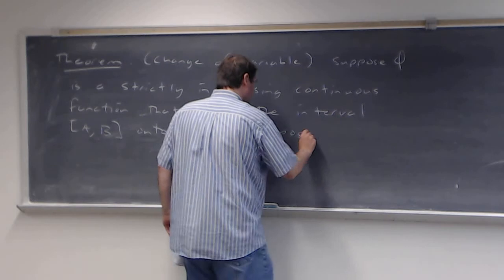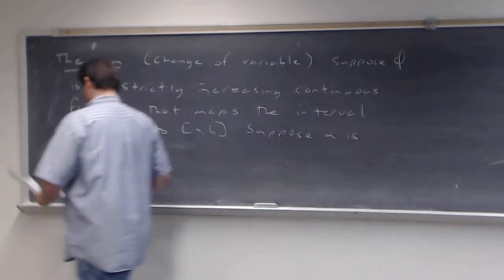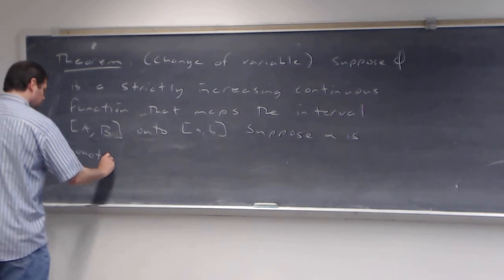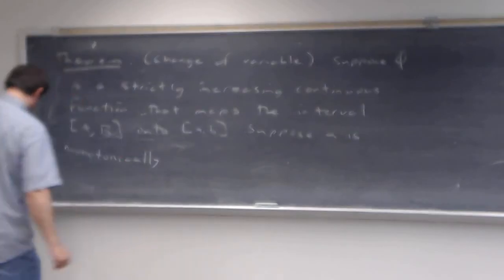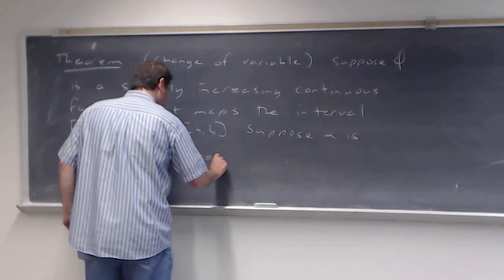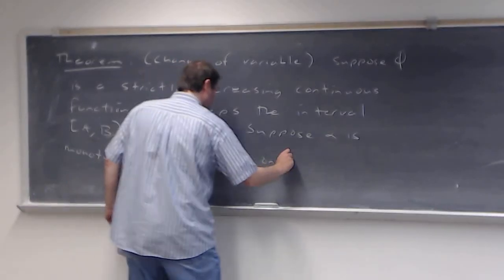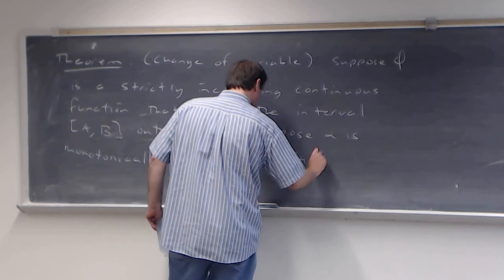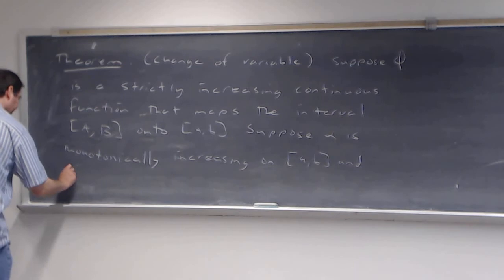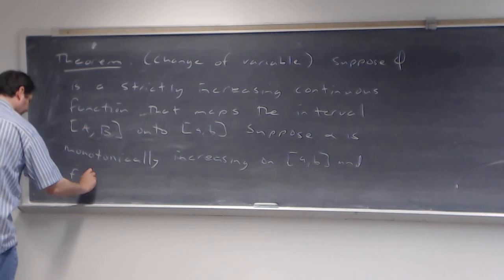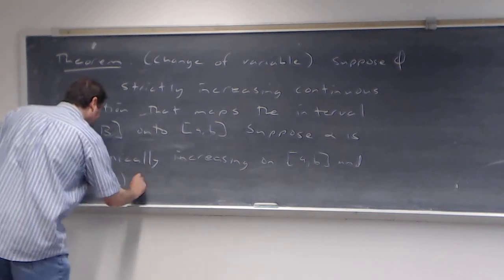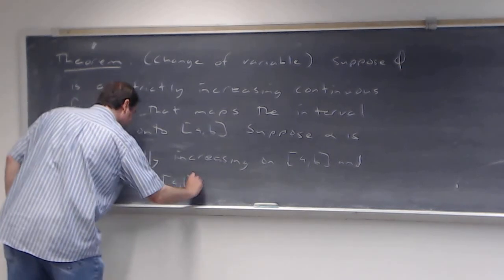Suppose alpha is monotonically increasing on a to b, and f is Riemann-Stieltjes integrable with respect to alpha on a to b.